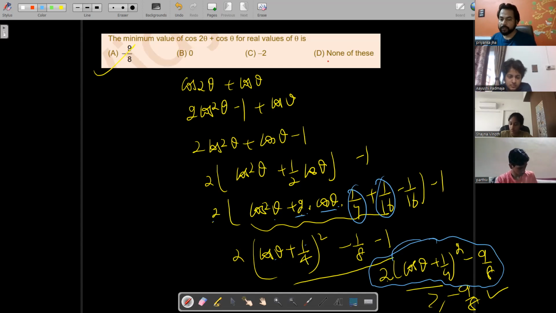The minimum value of this term would be 0. So you have to find the minimum value, so put here the minimum value 0. 0 into 2 is 0, minus 9 by 8. So this expression is always greater than or equal to minus 9 by 8. So the minimum value will be minus 9 by 8. Okay, sir.